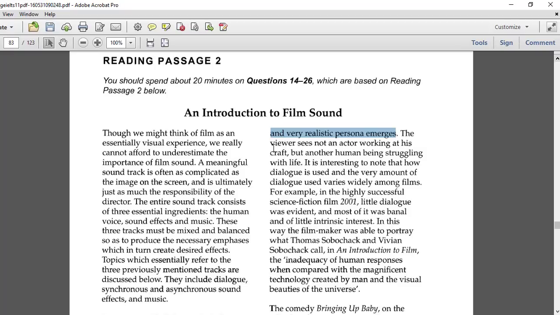The viewer sees not an actor working, but another human being struggling with life. It's interesting. Not the highly successful, evident, banal. It was banal and of little intrinsic interest. Okay.